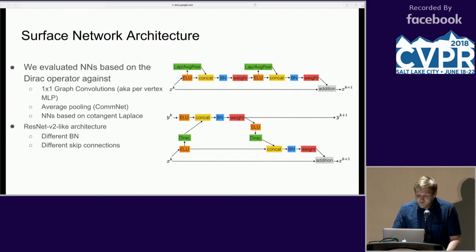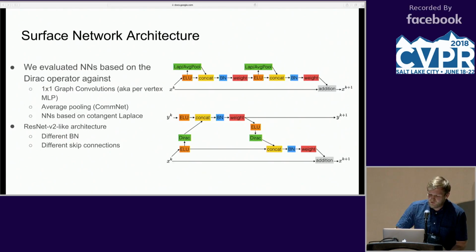Okay, we evaluated the neural network based on Dirac operator against several other models. The first model is a neural network that doesn't aggregate any information, which can be seen as a one-by-one convolutional neural network on graphs. The second model uses global average pooling, and finally we evaluate it against a standard graph neural network with the Laplacian operator.